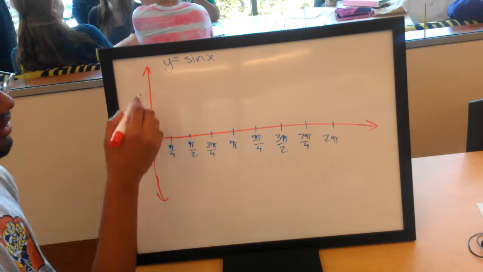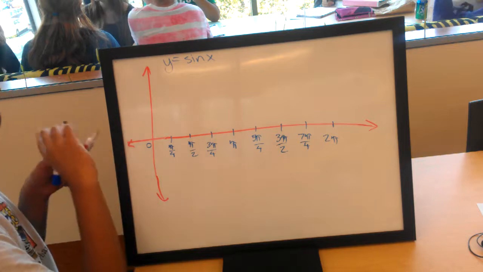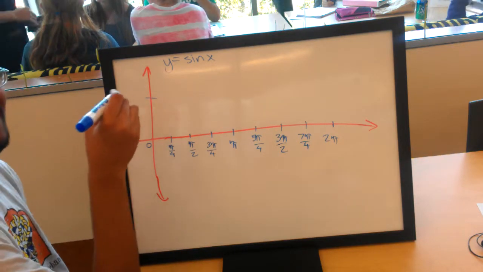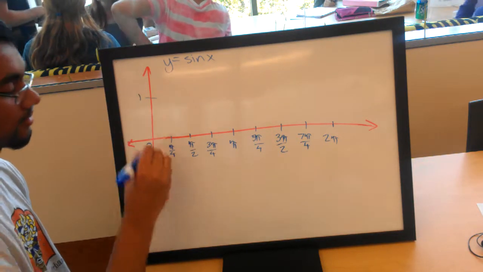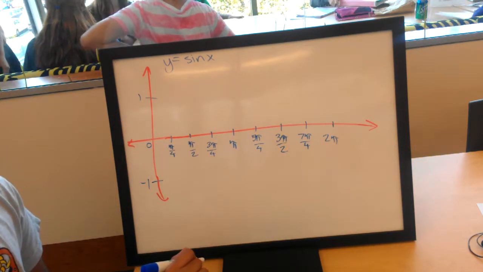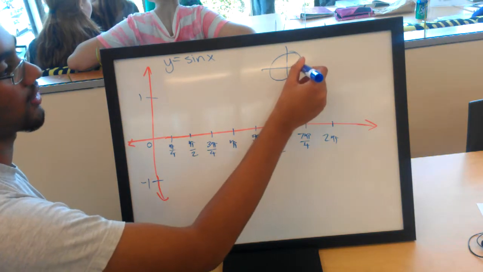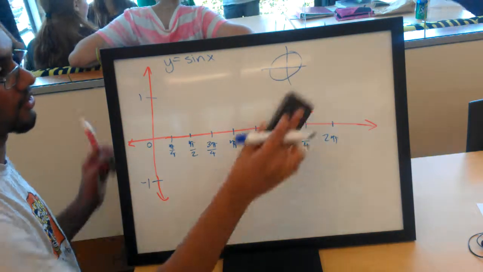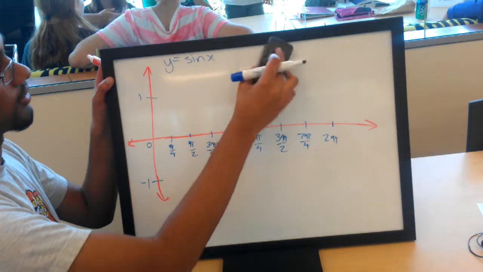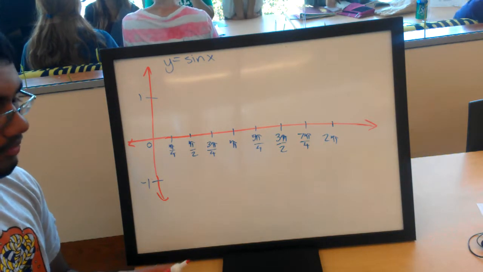Should I go up to like 100 or like 1,000,000? 1? Now why 1? Yeah, because in the unit circle the highest x value you can get is 1, and the highest y value you can get is 1. And so the limits on sine x would be anywhere between -1 and 1.